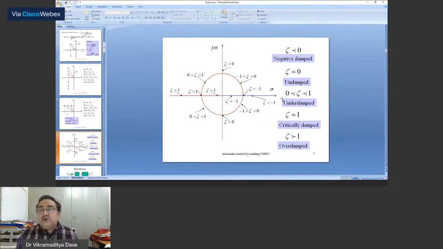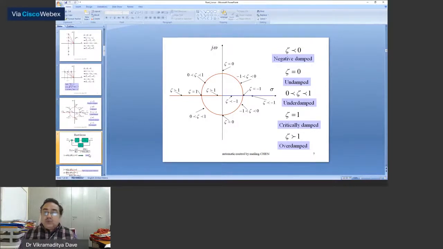If it is less than 0, it is called negatively damped, and if it is between 0 and 1, it is called underdamped. If eta is equal to 1, it is called critically damped, and if eta is greater than 1, it is called overdamped. If you plot all these roots, you will find that they lie on a circle. We can put that mathematically and graphically, as shown in the figure.